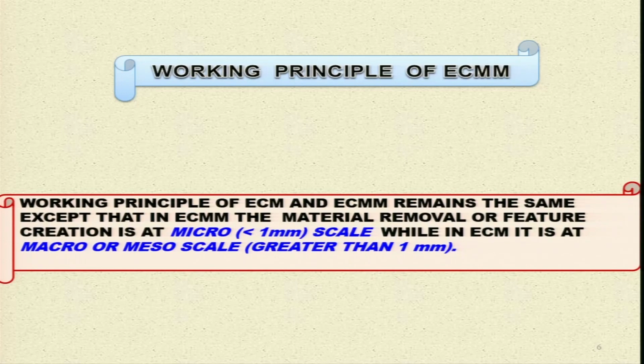The working principle of ECM and ECMM, that is electrochemical micromachining, remains the same, except that in ECMM the material removal or feature creation is at micro scale, that is dimensions are less than 1 millimeter, while in ECM it is at macro or meso scale, where the dimensions are greater than 1 millimeter.